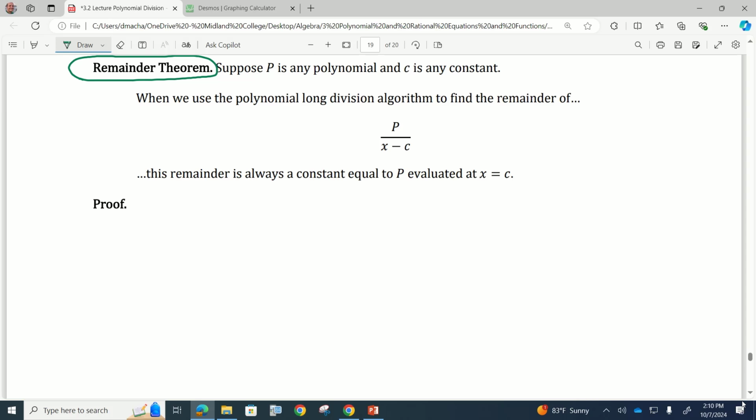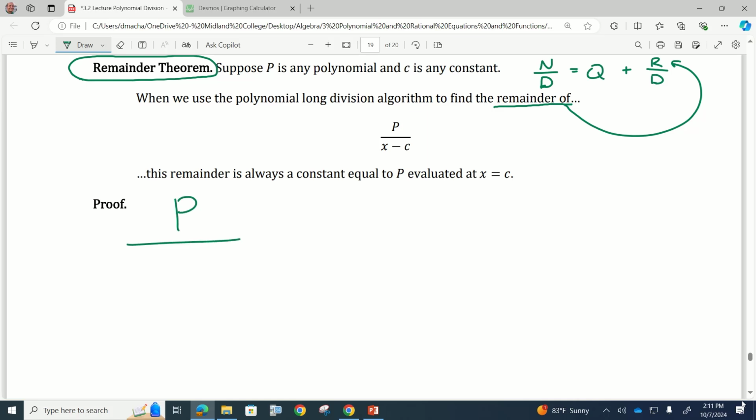When we use the polynomial long division algorithm, which takes some numerator divided by some denominator and produces a quotient plus a remainder over the same denominator, to find the remainder of P divided by x minus c, then this remainder is always a constant, and it's always equal to this polynomial evaluated at the point where x is equal to c. Okay?